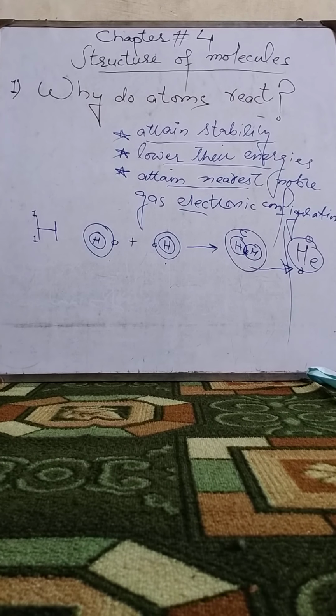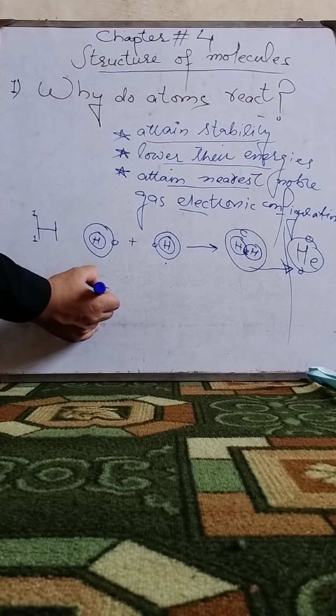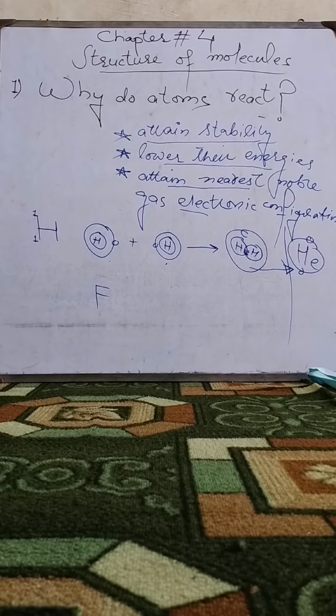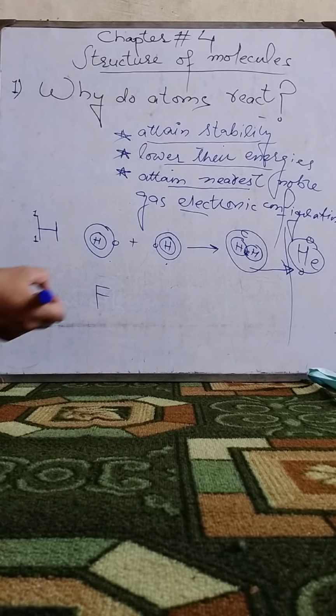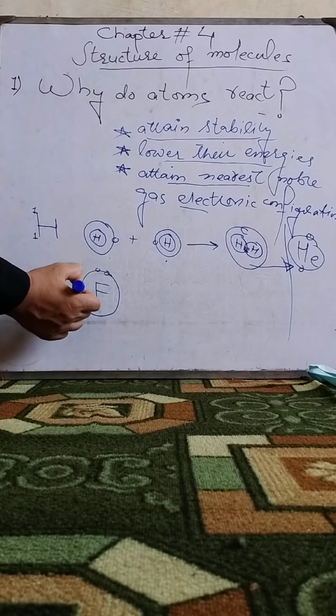Let's take another example. Fluorine. In fluorine, there are 7 electrons in its outermost shell.